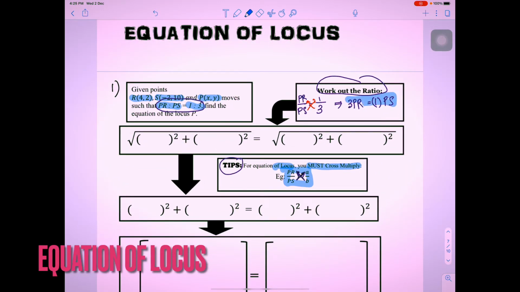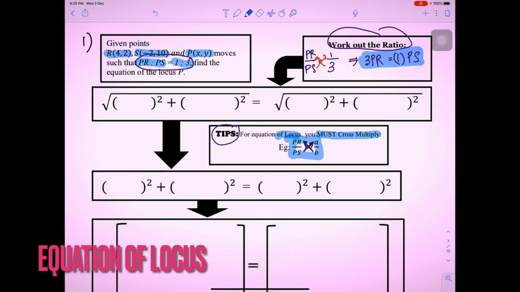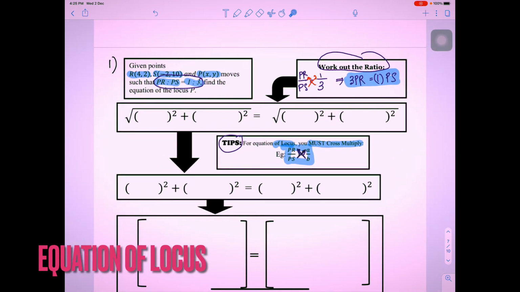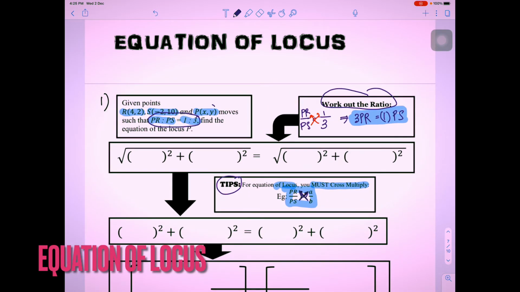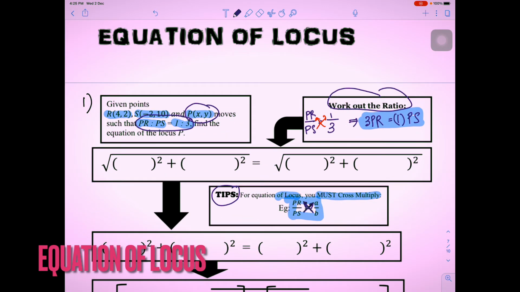From here we want to construct an equation: 3PR equals PS, where P is moving such that PR is to PS equals 1 is to 3.